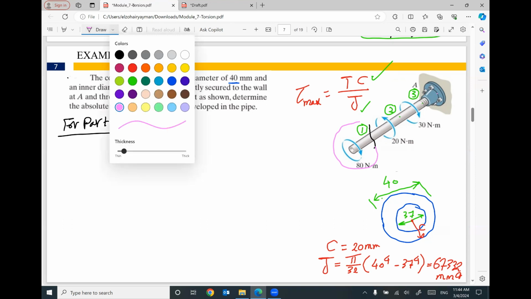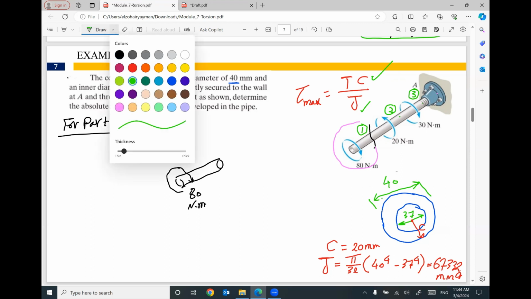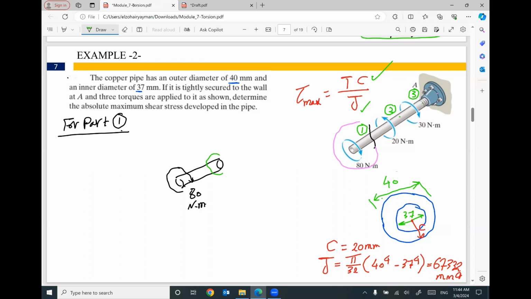So here is your cut, and we have here an applied torque that looks like this. How much? 80 Newton meter. So at your cut, I will have an applied torque in the opposite direction, equal to the same value, 80, to make equilibrium. So the value of the torque in part number 1 will equal 80 Newton meter.